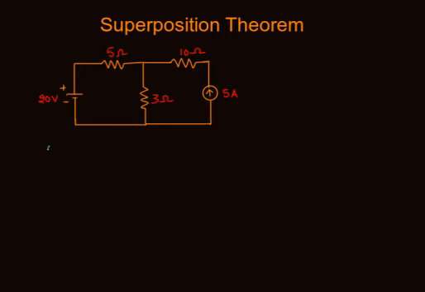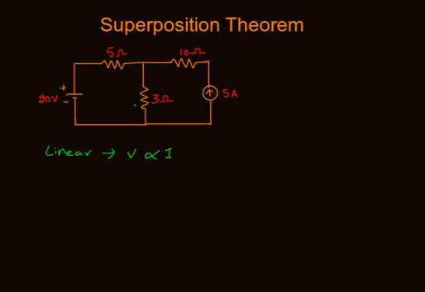Linear means if you increase the voltage, the current keeps on increasing. So that is a linear circuit. It will not suddenly increase or decrease; there will be some proportional or inversely proportional relationship.